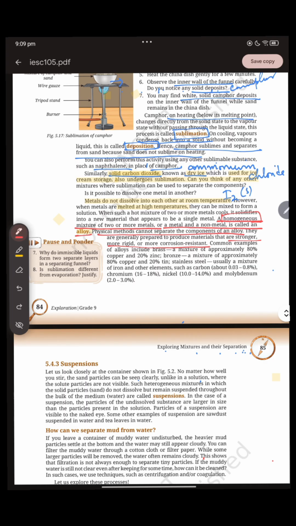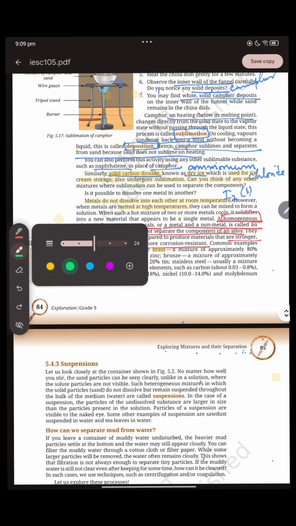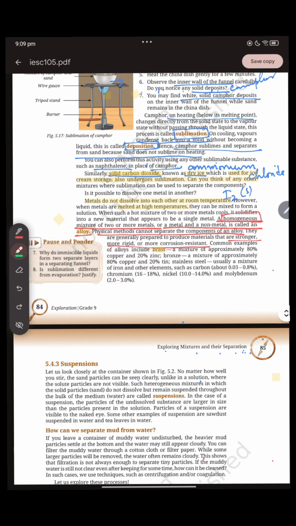And what are the examples of alloys? Brass is an example of an alloy. You see over here, it is a mixture of copper and zinc. 80% copper and 20% zinc is brass, right?